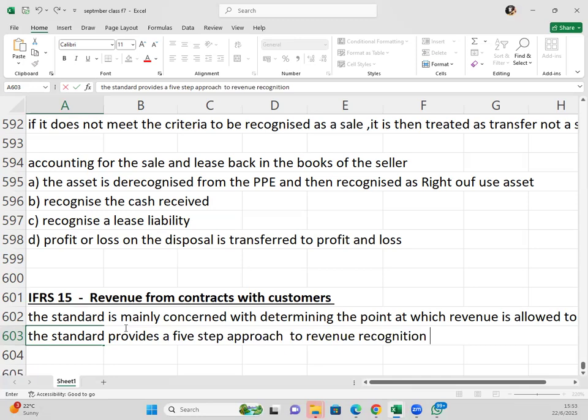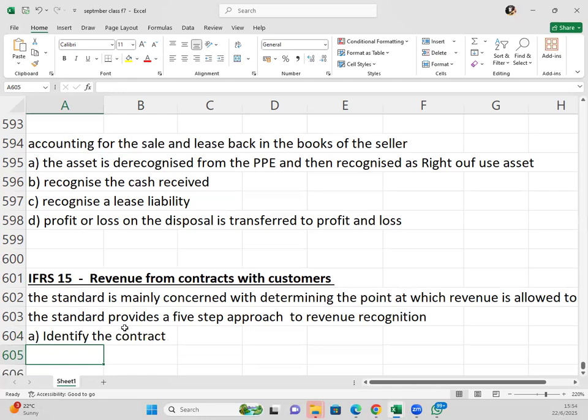The standard says that revenue should be recognized after the following 5 steps. Number 1, for us to recognize revenue, there must be a contract, so identify the contract.